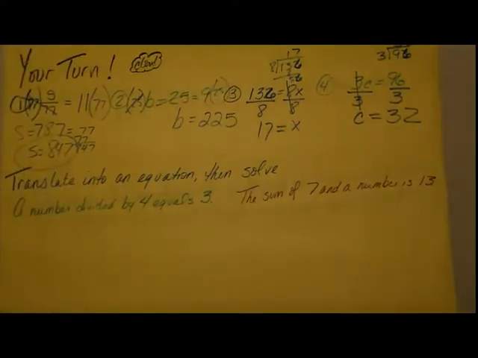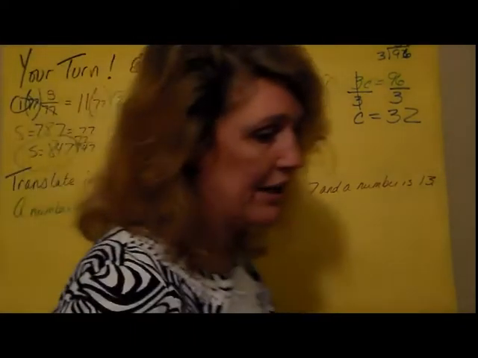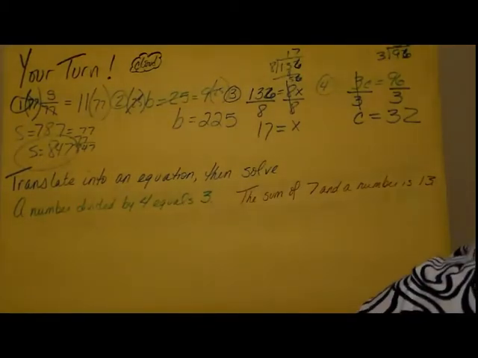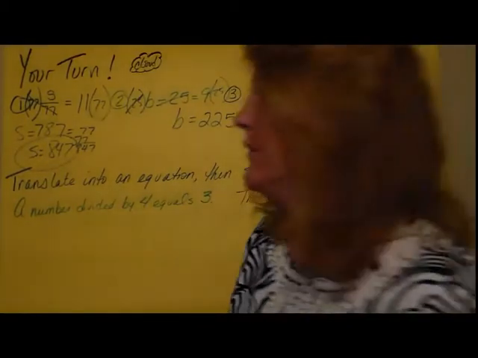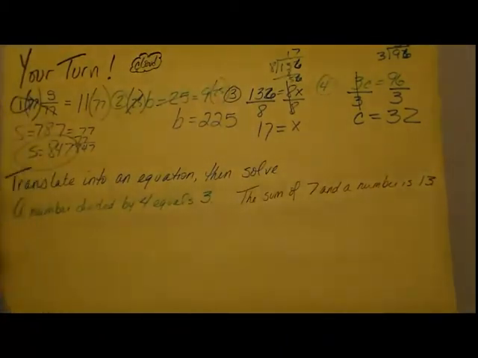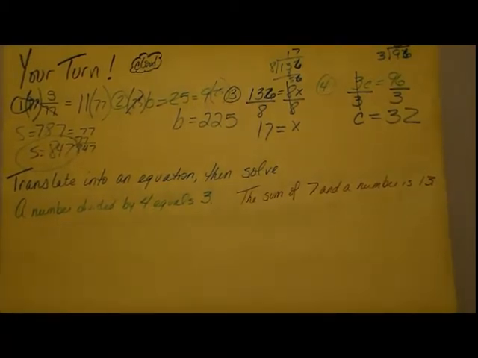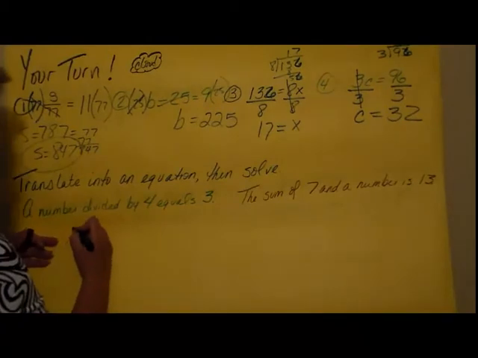All right. The second thing we're going to look at today is translating words into math and what that looks like from a solving equation standpoint. Do you remember back when we did a number divided by 4? Well, now we're doing a number divided by 4 equals 3. What does that look like in math? A number. Pick a letter. Pick a variable. It could be n, it could be x, it could be r, I don't care.